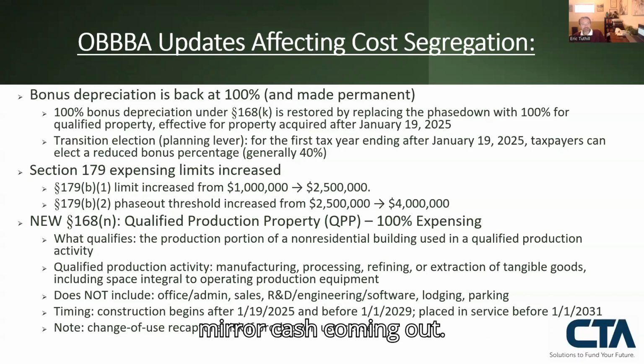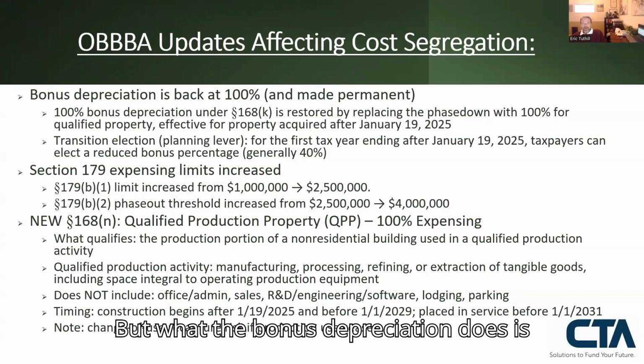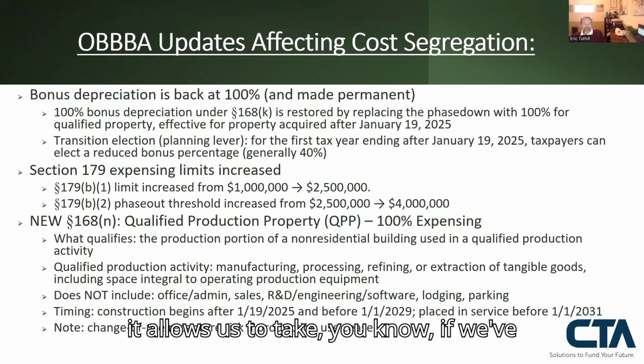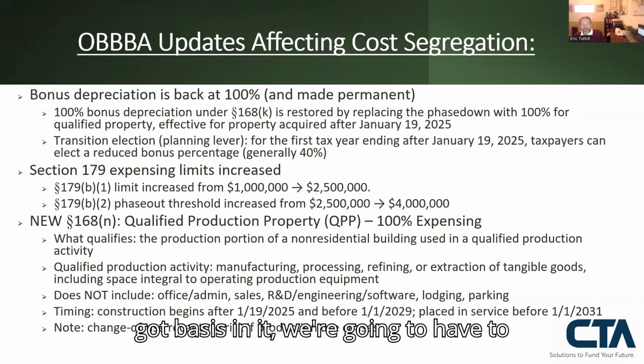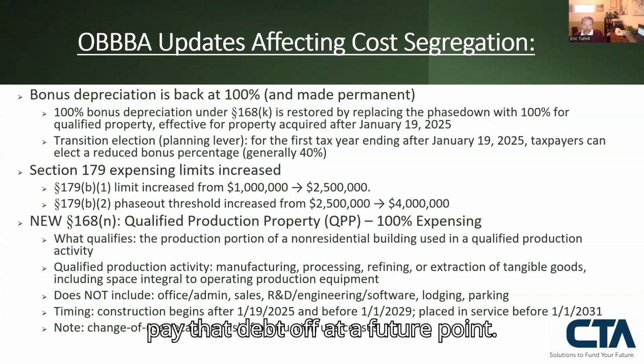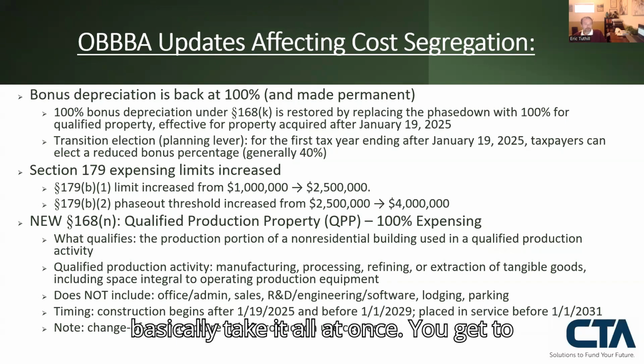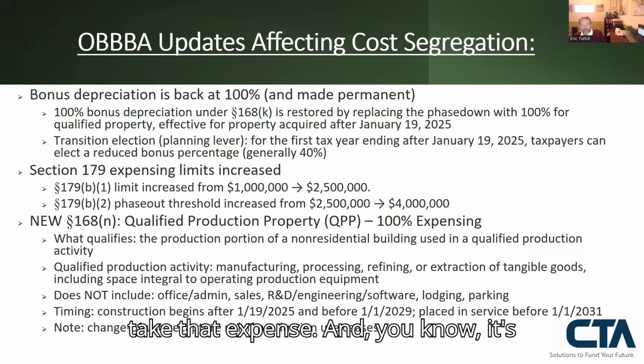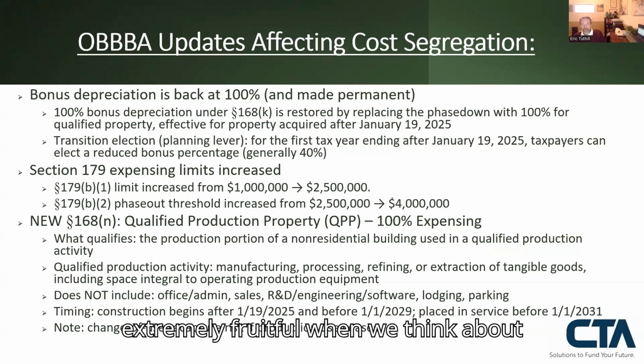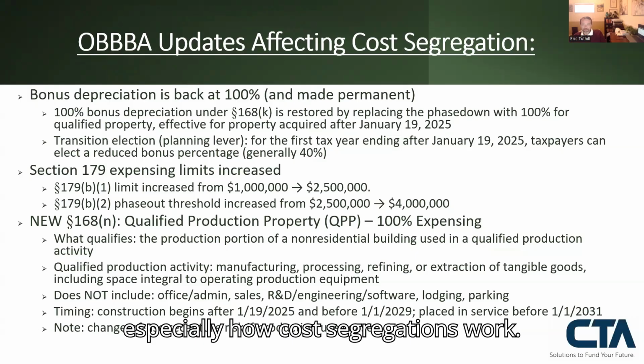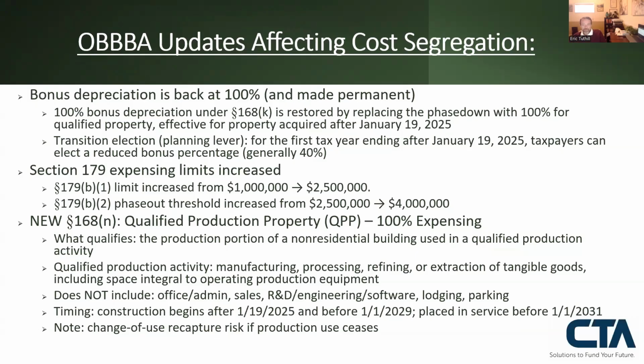It doesn't mirror cash coming out. But what bonus depreciation does is it allows us to take it all at once, if we've got basis in it, even though we're going to have to pay that debt off at a future point. You get to take that expense, and it's extremely fruitful, especially when we think about how cost segregations work.